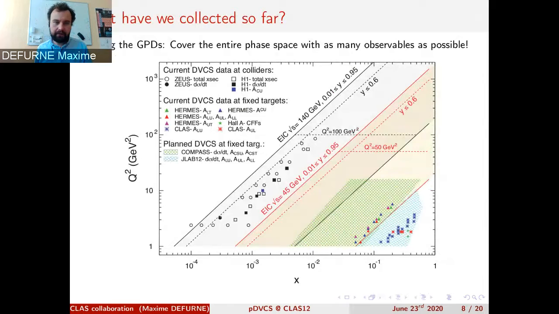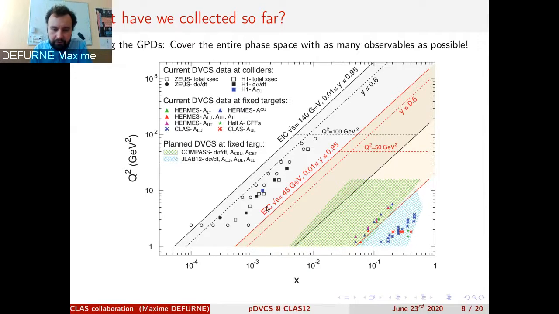So what have we collected so far? I need to update this plot because it's not up to date, but you can see that we are trying, as hadronic physicists, to look at the proton over a very wide range in Bjorken x and Q squared. We have some collider data that measured cross-sections differential only in t, or some charge asymmetries.